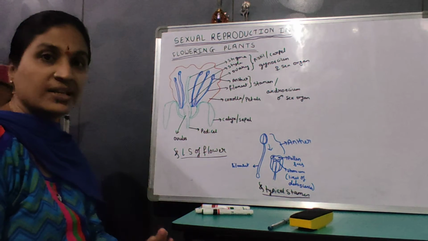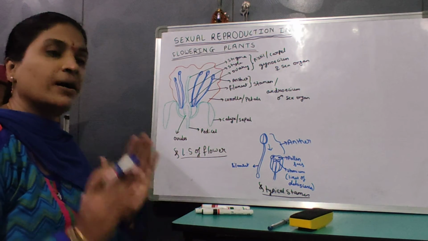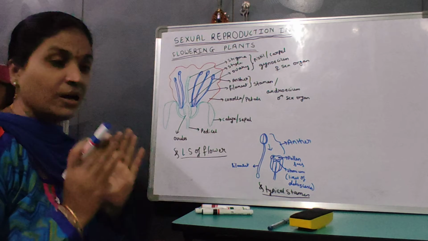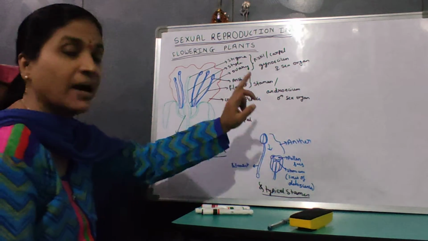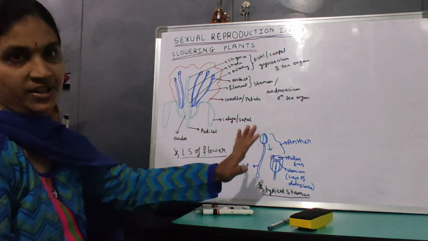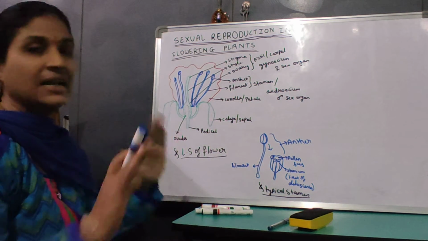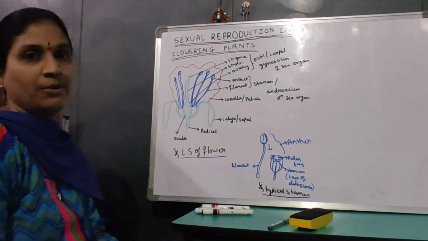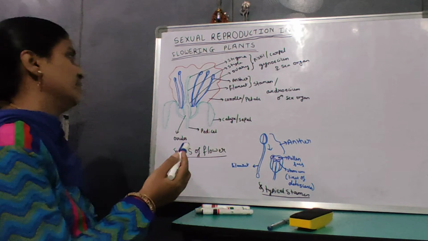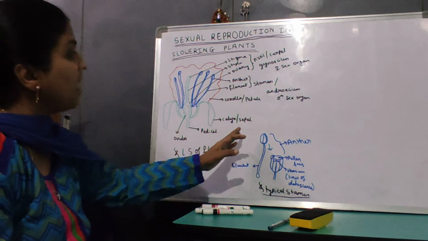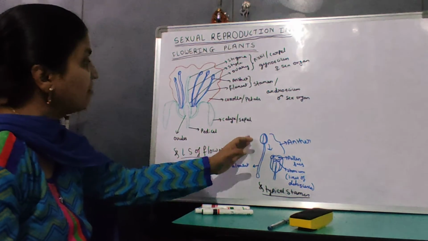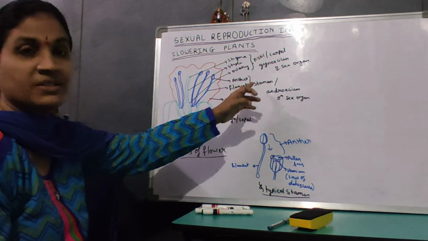In this lecture, we are going to study the male gametophyte, that is the stamen, microsporangium, and pollen grains. Everything about the male gametophyte. The pollen grain is the male gametophyte, and that pollen grain is produced in the anther. The anther is present in the stamen.